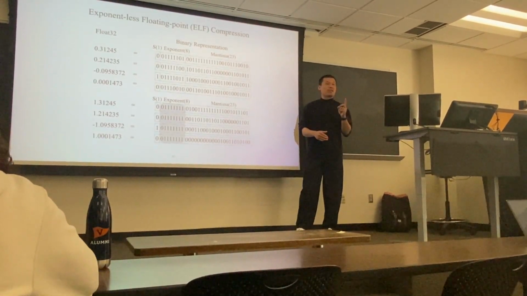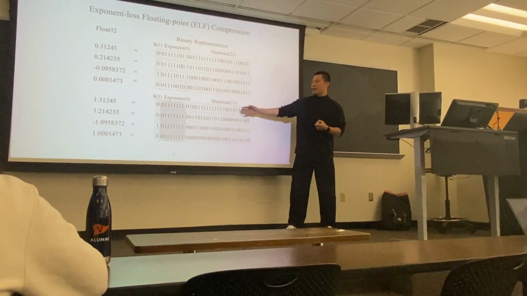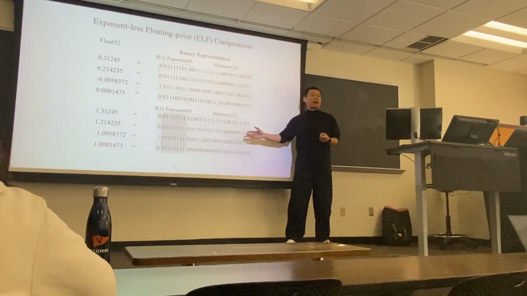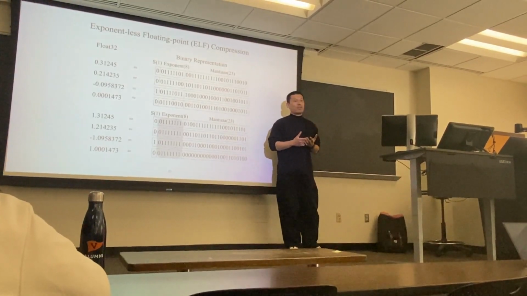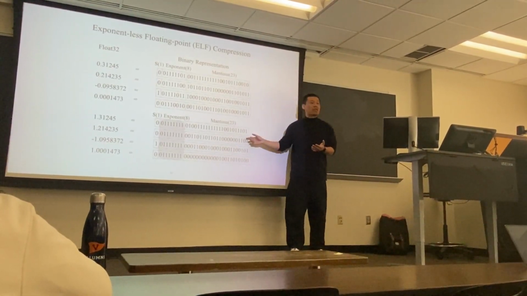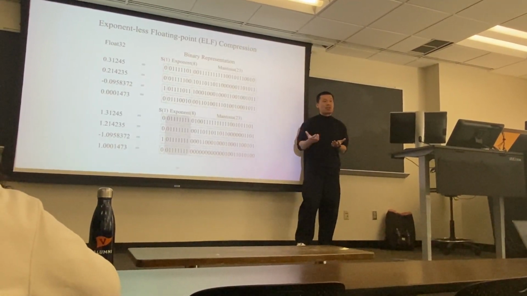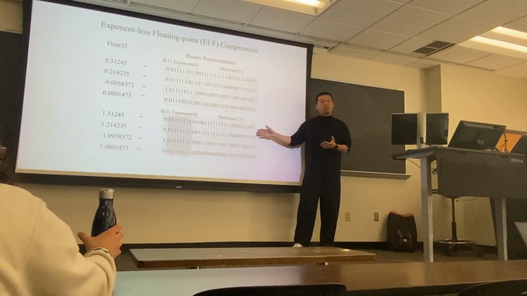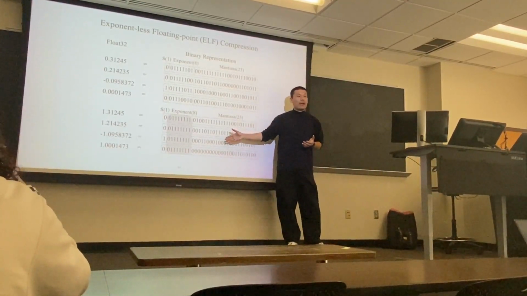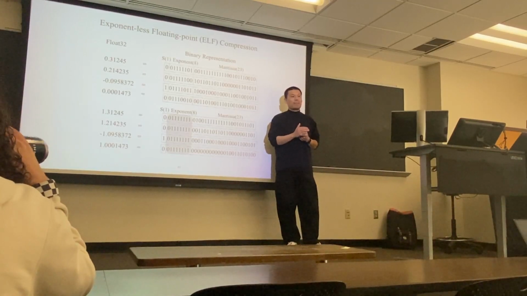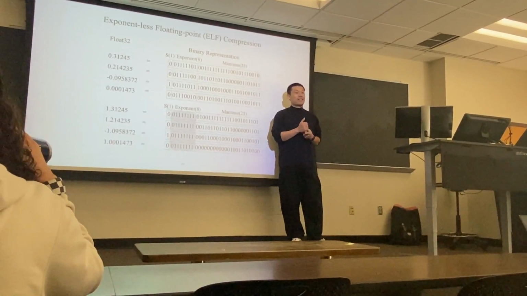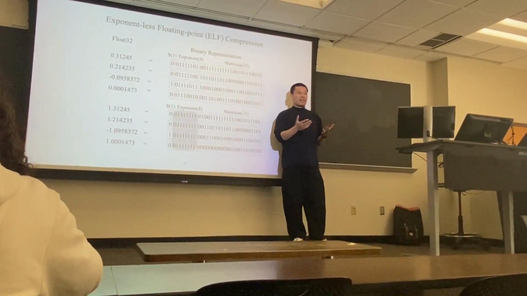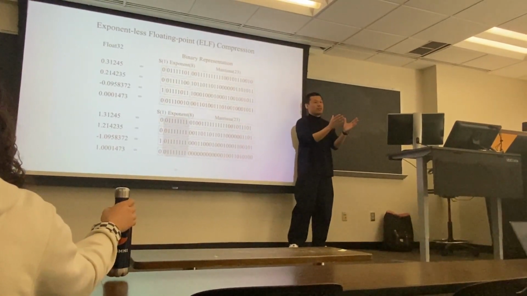Let's talk about the first observation, why we do this: in our observation and experiments, over 99% of parameters are within -1 to 1. So for 99% of the parameters we can use ELF. And for the less than 1% that are very important parameters, we record them as they are.